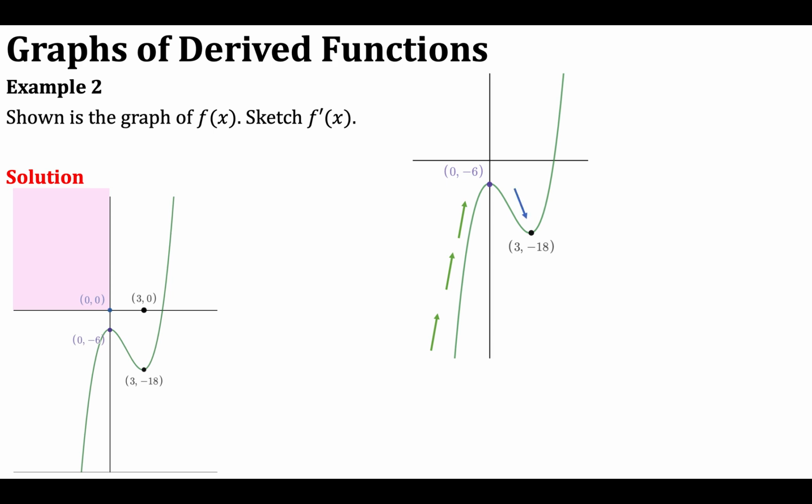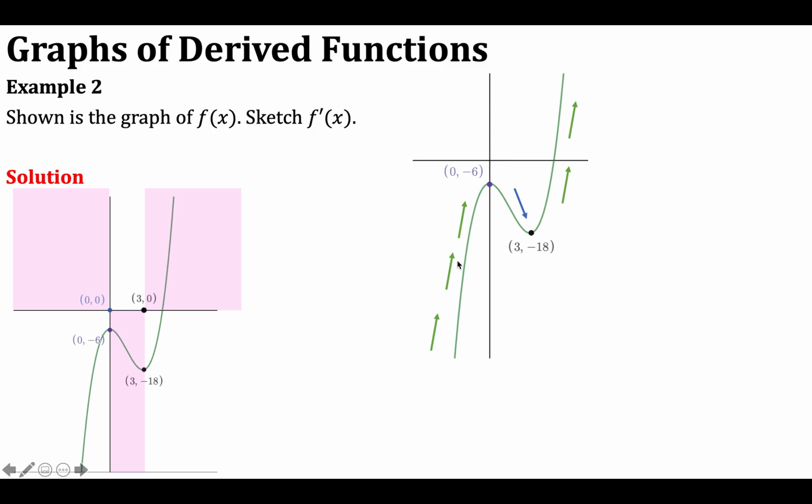Between the two turning points here we can see that the graph is decreasing. So on the graph of the derivative we will see something happening below the x-axis because the gradient is going to be negative. And after the turning point (3, -18), you can see the graph is increasing again, and the gradient will therefore be positive, which means on the graph of the derivative we will see something happening above the x-axis.